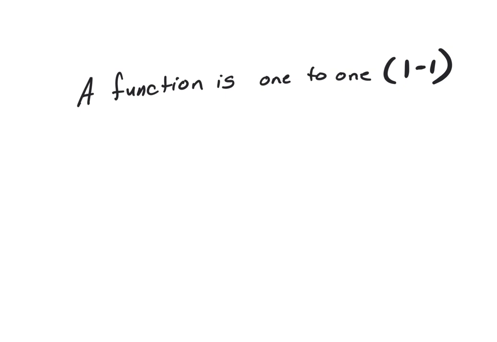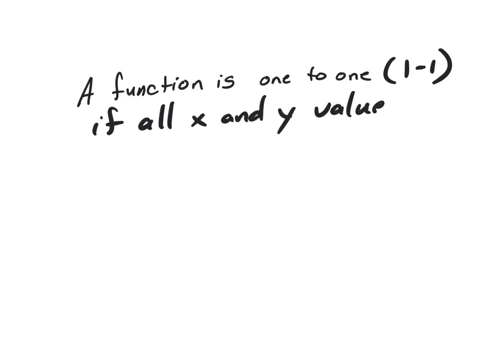A function is one-to-one if all x and y values are different. And so immediately on the last one that we did, we could tell that it's not going to be a one-to-one function.